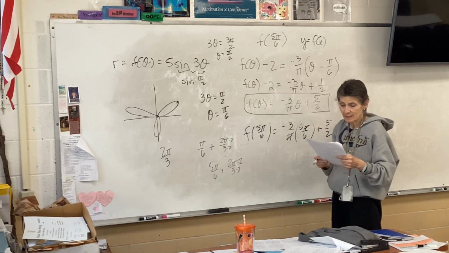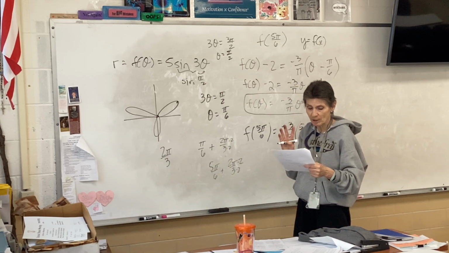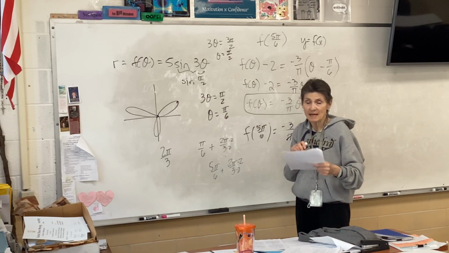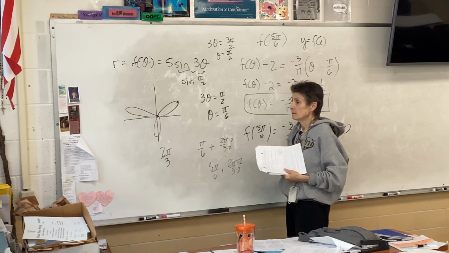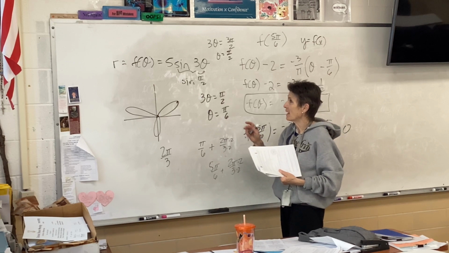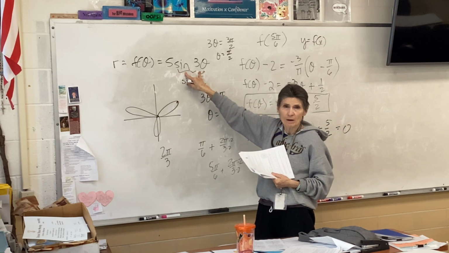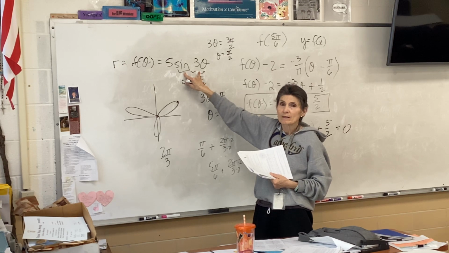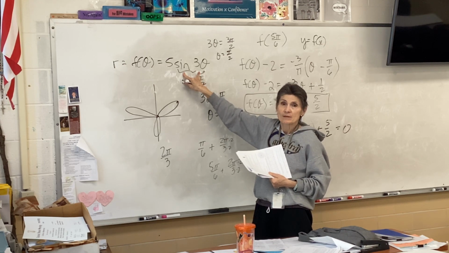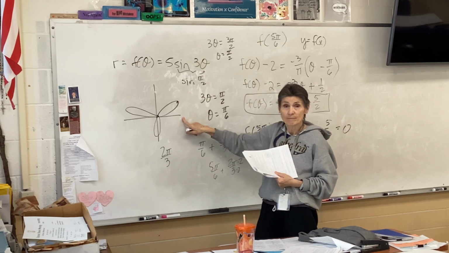All right, where is f of theta 0? This is question number 4. Well, where is it 0? We kind of already talked about that. This is going to equal 0 wherever the sine is 0. So where is the sine 0? The sine is 0 at 0.